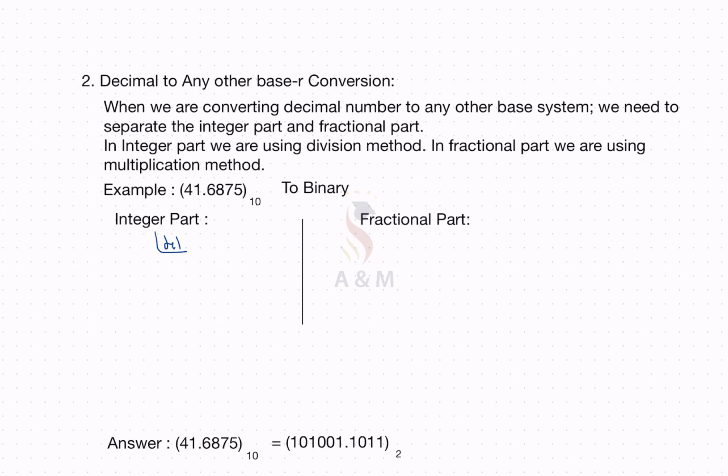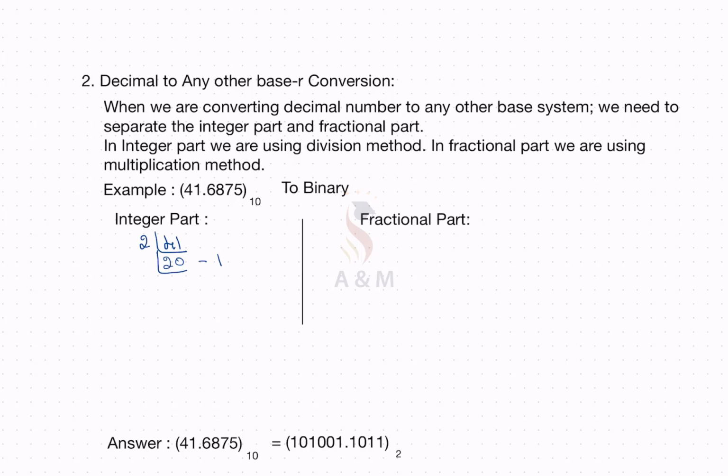So, we need to divide the value 41 by 2. We get 20 and 1 as a remainder. We must divide the value up to 0. That is, 2 tens are 20, remainder 0.